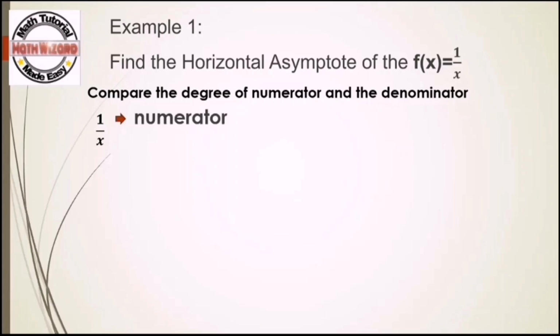So ang numerator natin, ano bang degree niya? Kapag constant, the degree or the exponent is always 0. Kapag number lang, walang kasamang variable. Okay? Next, denominator. So as we can see, x is our denominator. The exponent of the denominator is equal to 1.